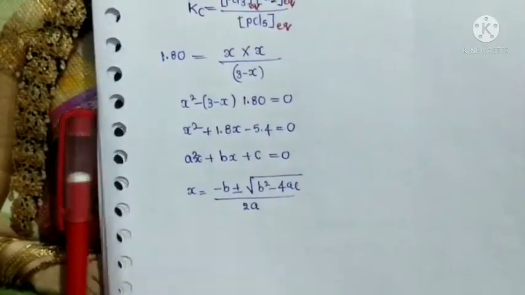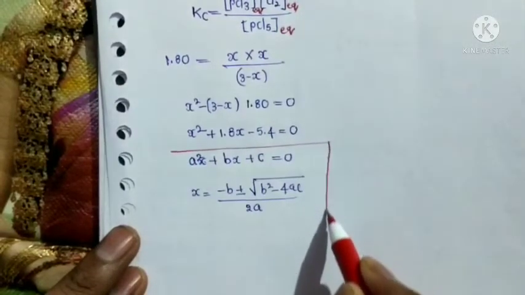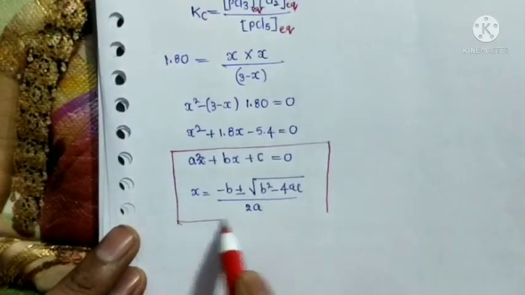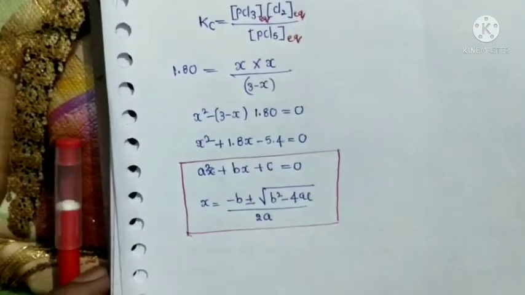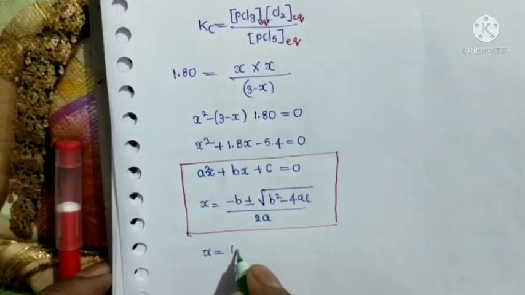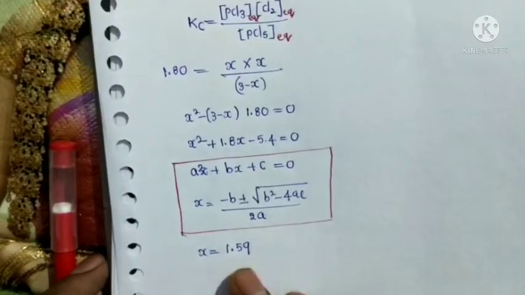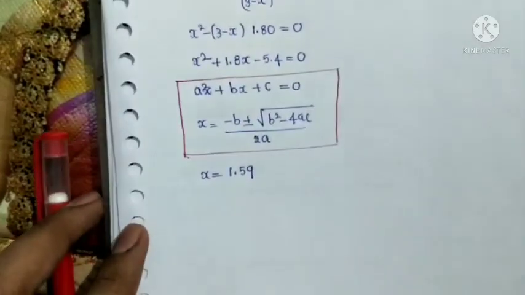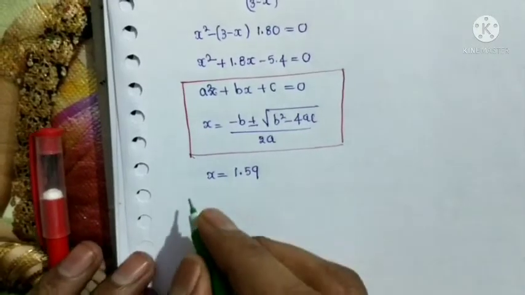Comparing the values, the final solution is X equal to 1.59. Now we calculate the concentrations at equilibrium.